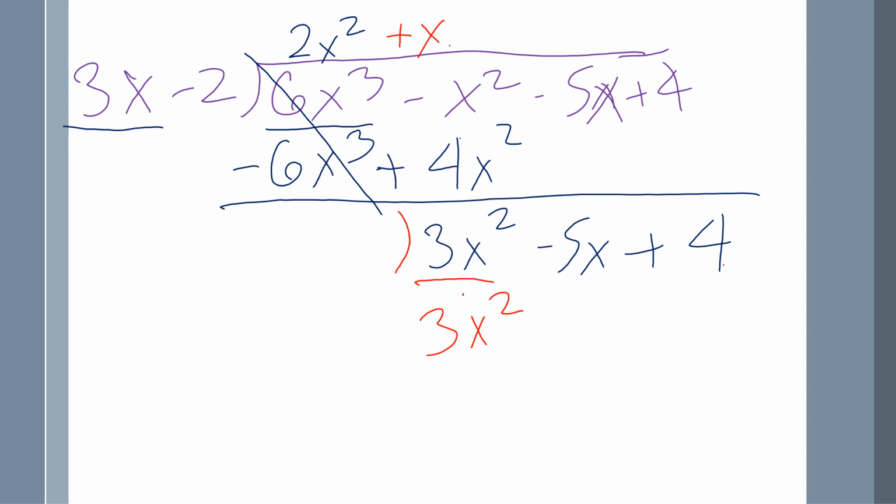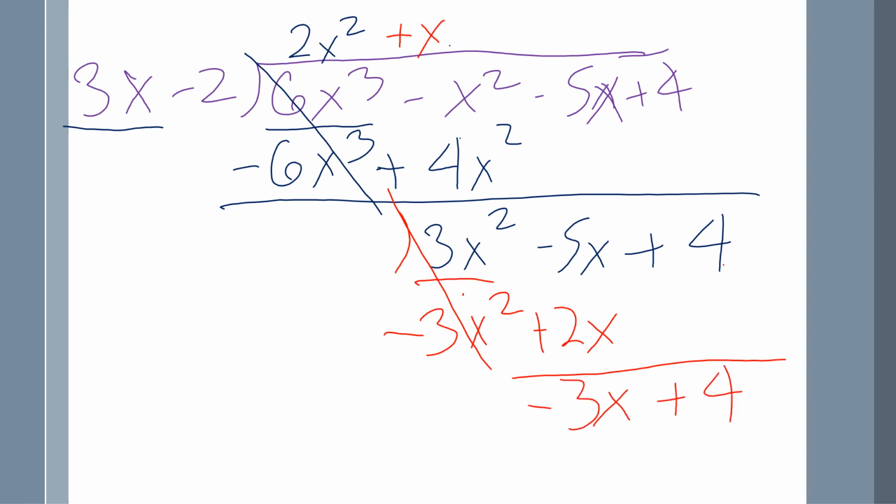And then x times negative 2, negative 2x. We got to change our signs. We know that. That cancels out. This leaves negative 3x plus 4. We're almost done, y'all. Again, I'm sorry for going off quite fast like I'm Busta Rhymes, but I need you guys to understand.